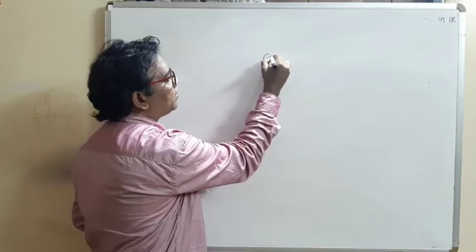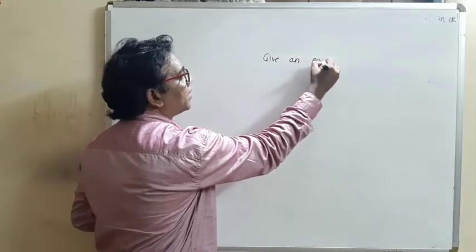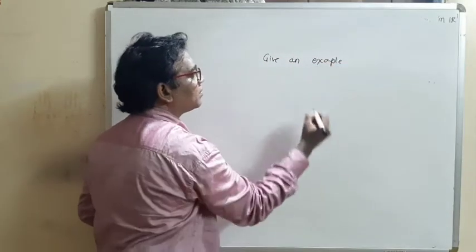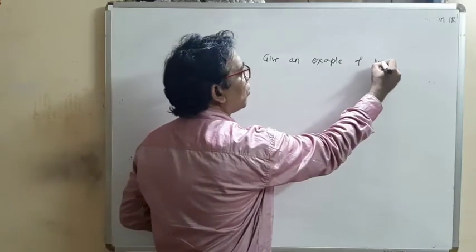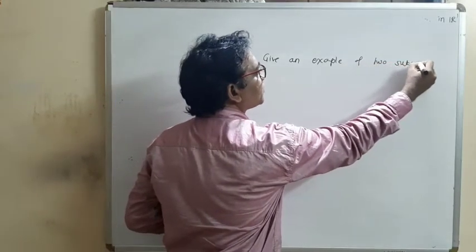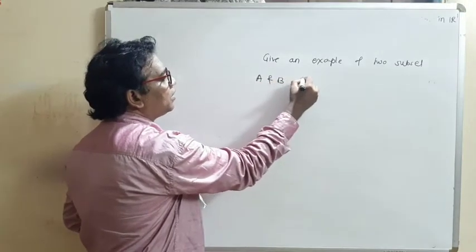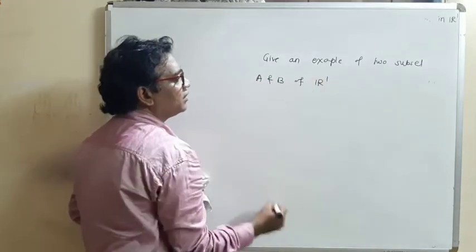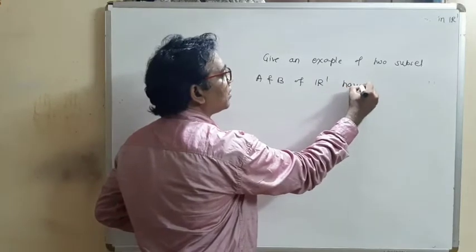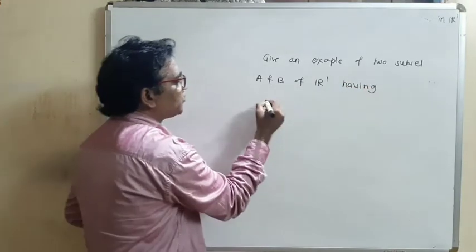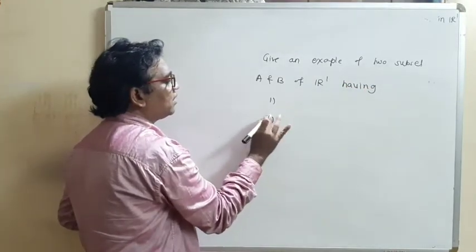Now see, this is our next example. Given an example of two subsets A and B of a real line satisfying these three conditions.